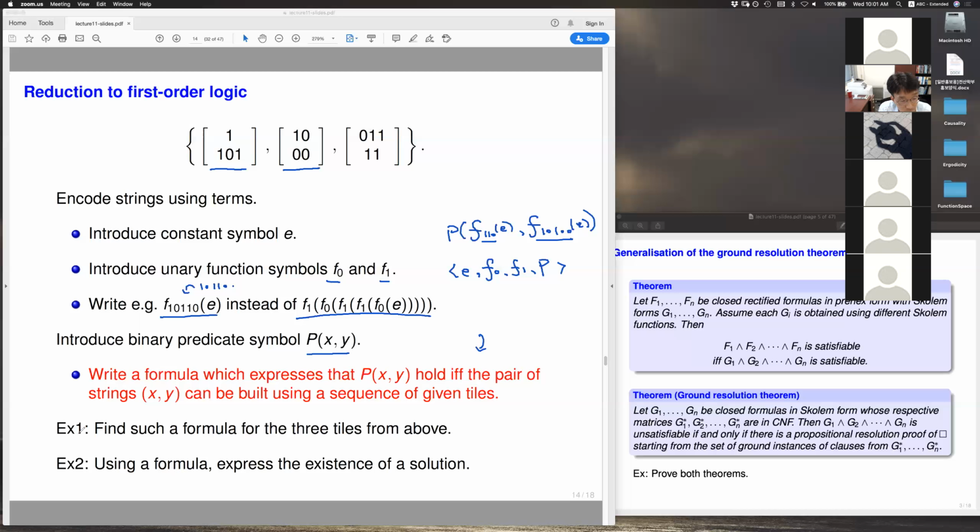That's question number one. Question number two is that once you have this formula, you can actually encode the decision problem of PCP, and also try to do this. That's the second question. I will give you 3 minutes to solve this.